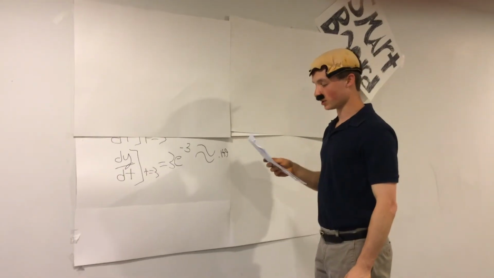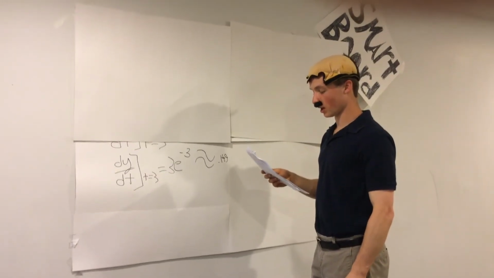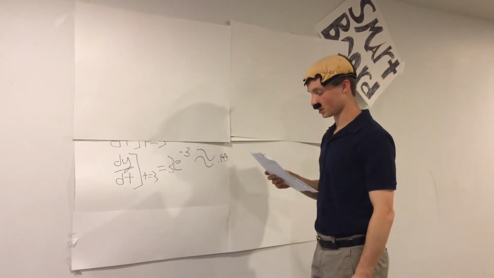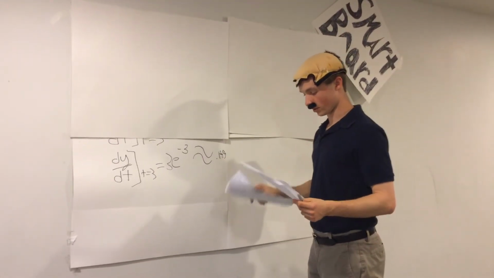Now, part B. Write an equation for the line tangent to the path of the particle at time t equals 3.